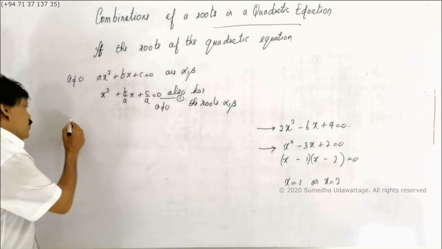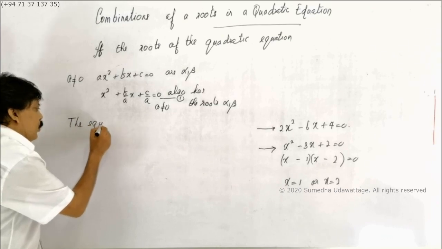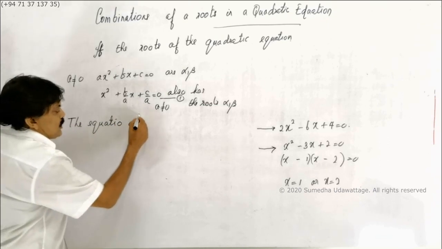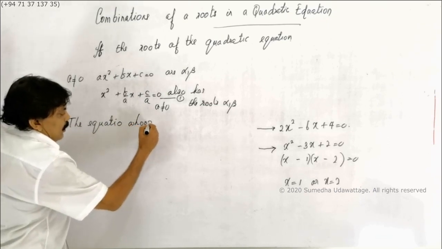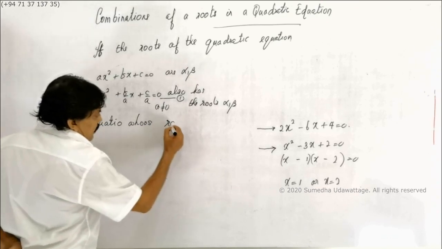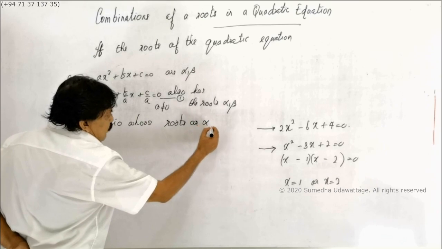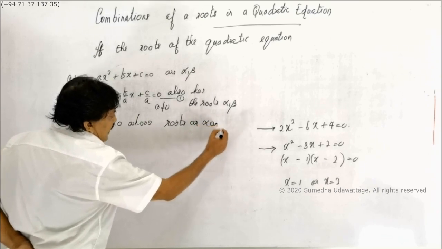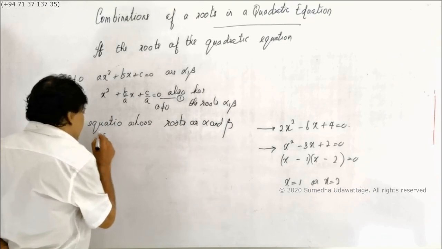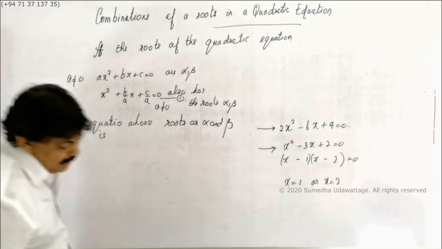The equation whose roots are alpha and beta. Now look here.